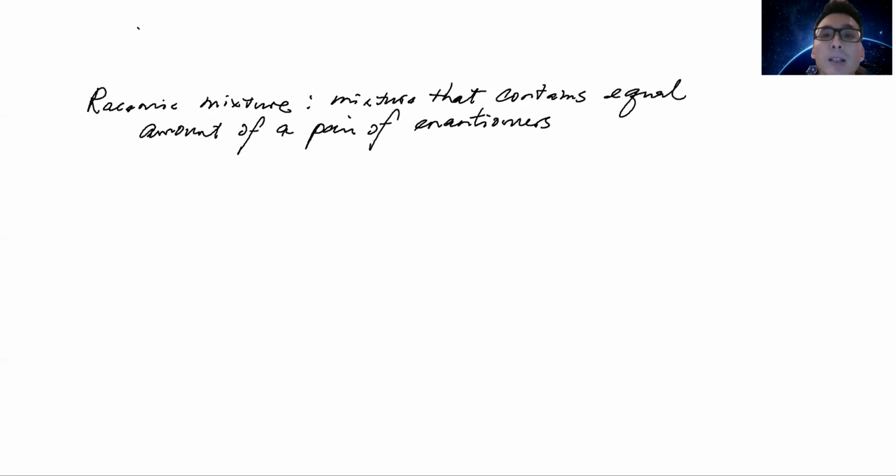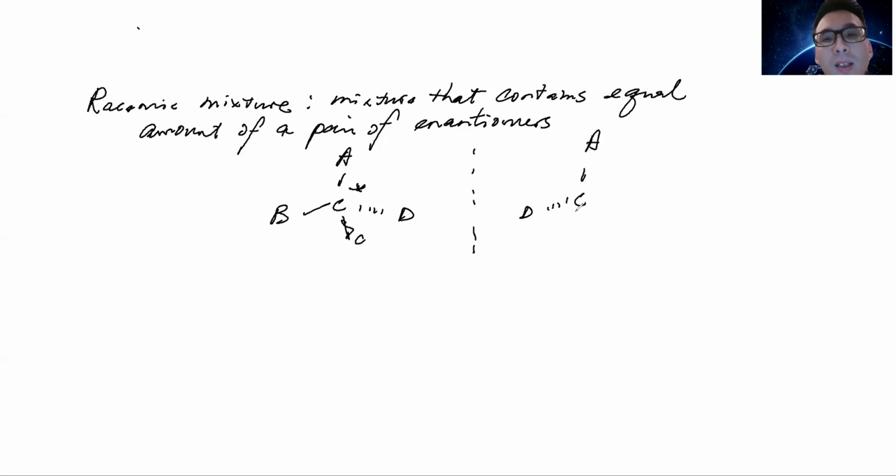Okay, so basically, as we learned, for example, if we have this one, A, B, C, D, and this is a chiral carbon. Okay, and then its mirror image will be A, D, C, B, right? So now this is a pair of enantiomers, and each carbon atom is bonded with 4 different atoms or 4 different groups of atoms, okay?